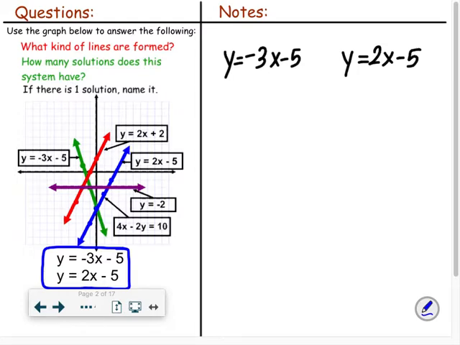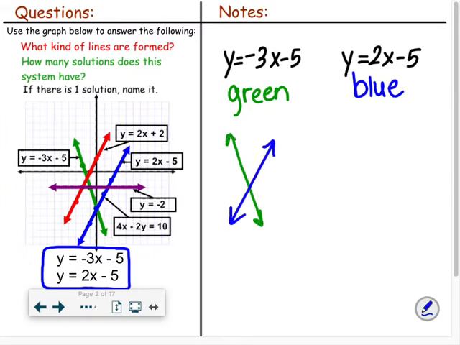So the first one I see is green. And then the second one I see is blue. So the green line and the blue line. If I look at those two lines, their relationship to each other, because you notice the green line is going like this, and then the blue line like this, those lines are called intersecting because they cross.